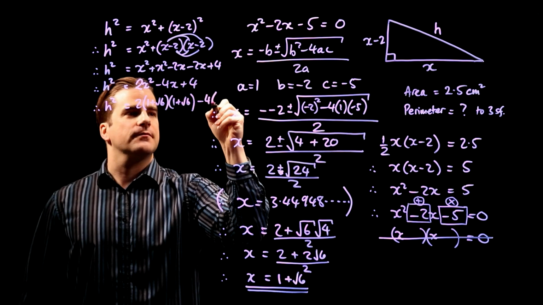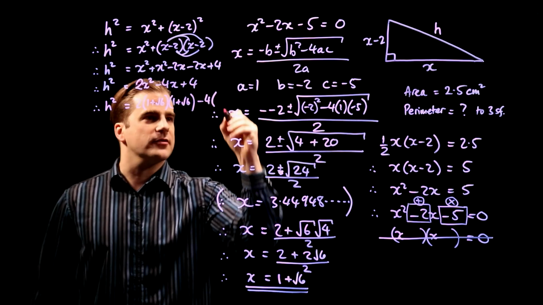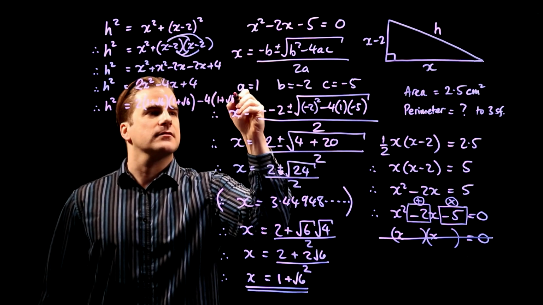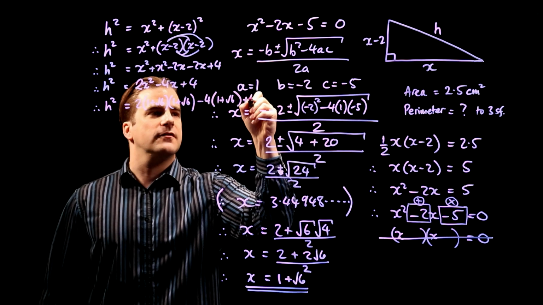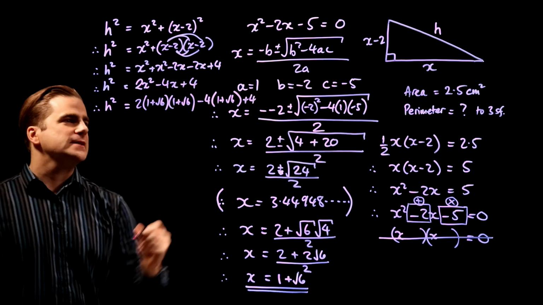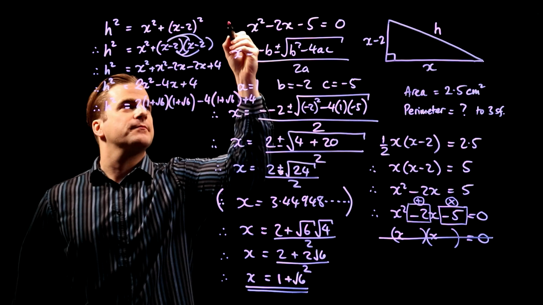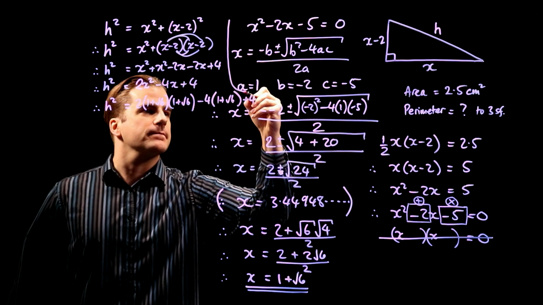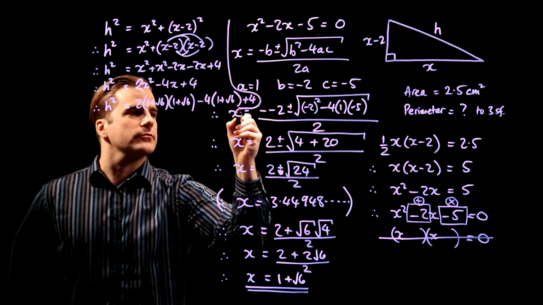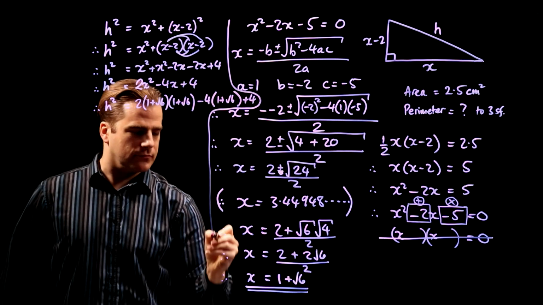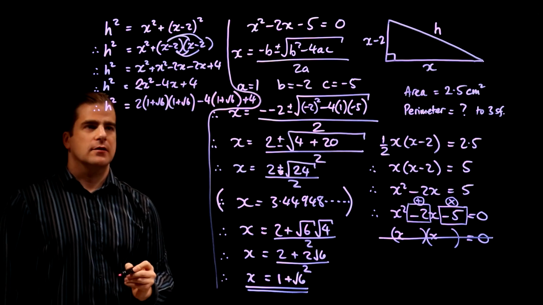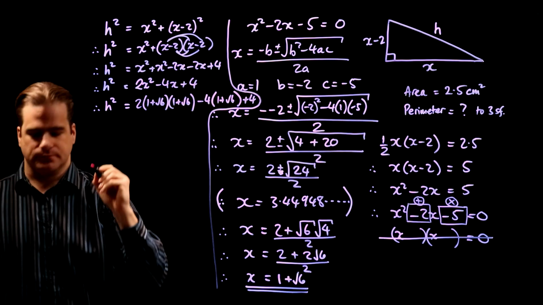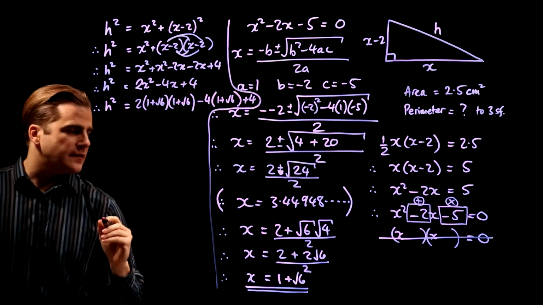Minus 4 times x, which is 1 plus root 6, plus 4. I'll push on.